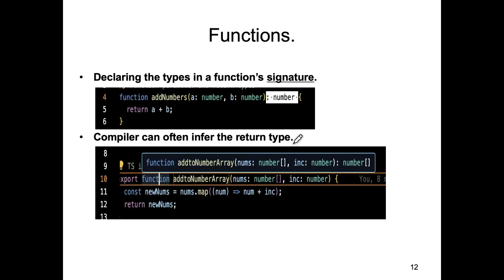And that's what is happening in the second screenshot, because you can see here, I'm not specifying explicitly the return type here, but when I did a Command K, Command I on the function itself, this is what it came back with, and it's telling me that the return type is a numeric array. And if you follow the flow of control in the function, it is indeed a numeric array that is being returned by this function.